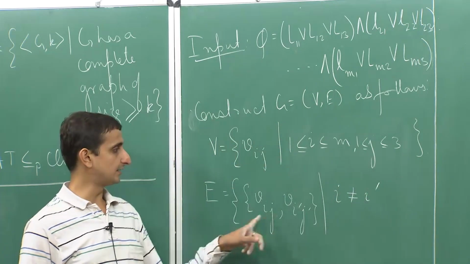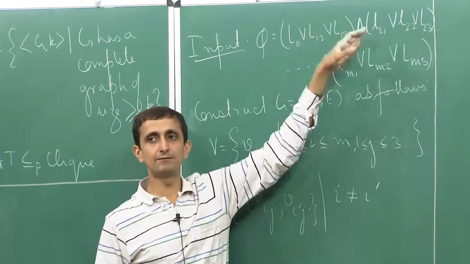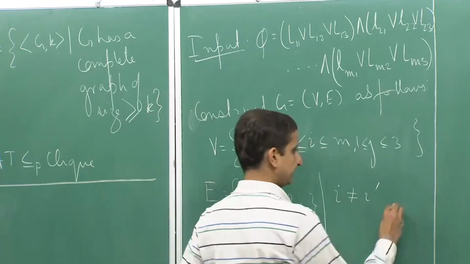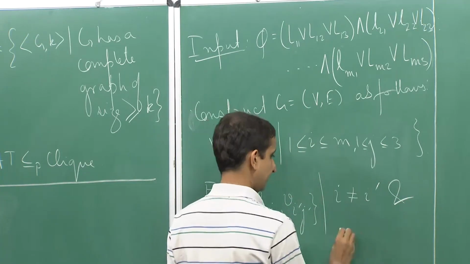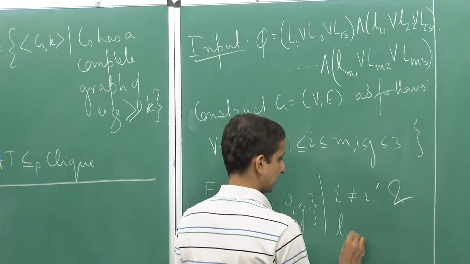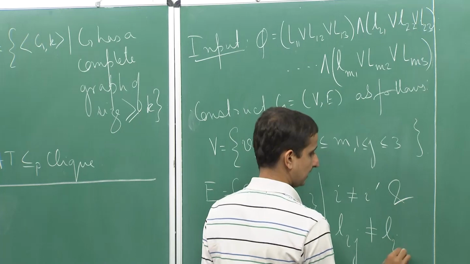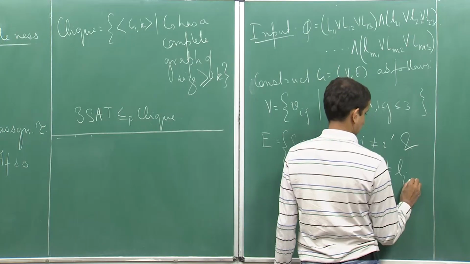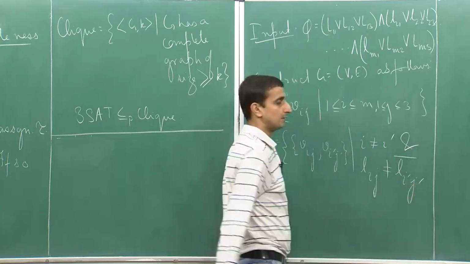That is, these two vertices correspond to literals that come from different clauses, and the corresponding Lij is not equal to the complement of Li'j'.